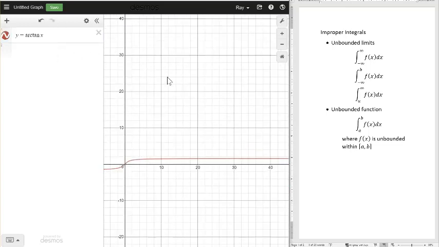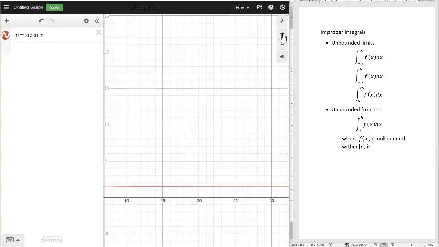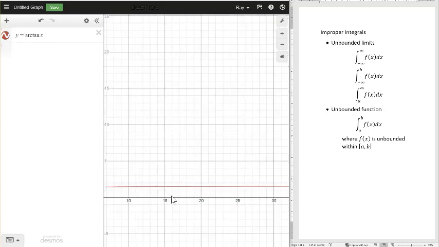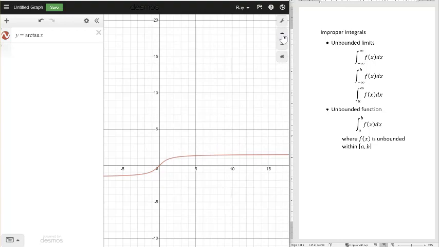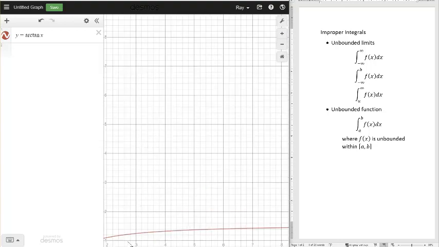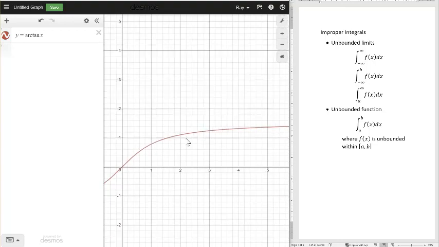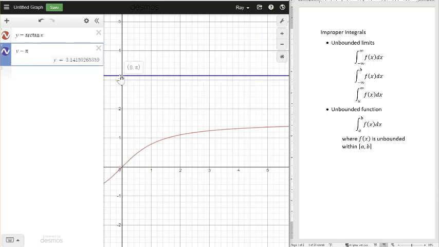If you didn't know what that was, let's see if we could zoom in a little bit. It looks like this probably has to do with some trig function, right? y equal to pi is all the way up here.